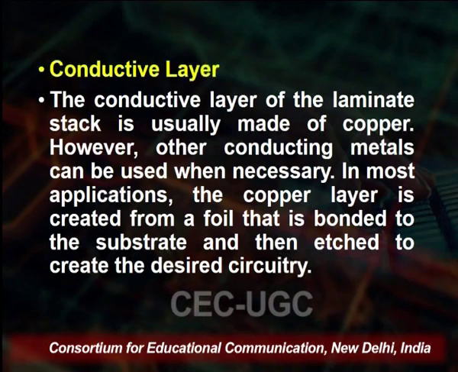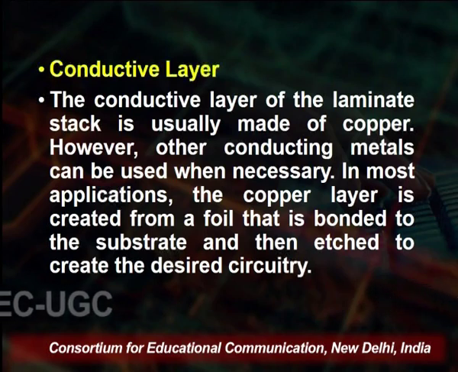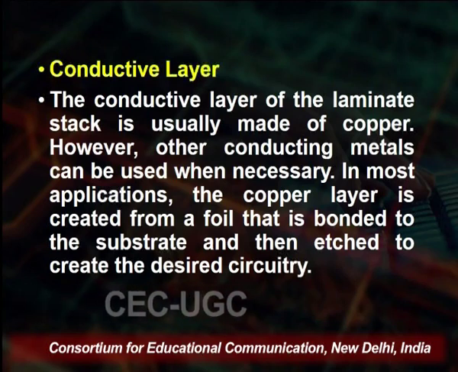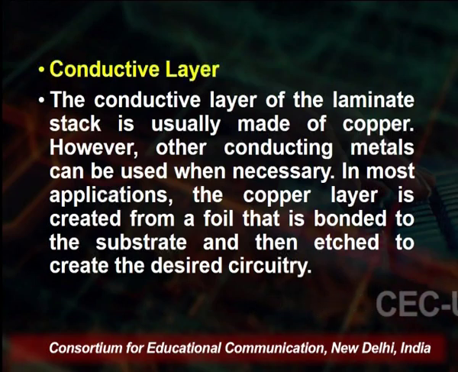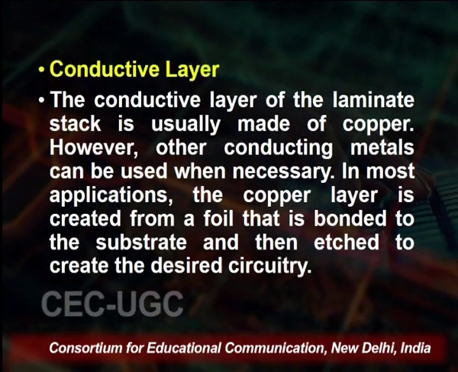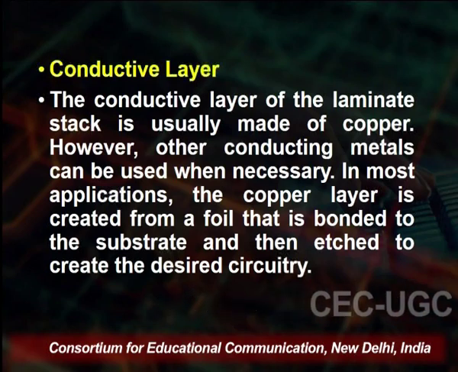The conductive layer of the laminate stack is usually made of copper. However, other conducting materials can be used if necessary, but generally we use the copper layer, and this copper layer is created from a foil that is bonded to the substrate and then etched to create the desired circuitry.